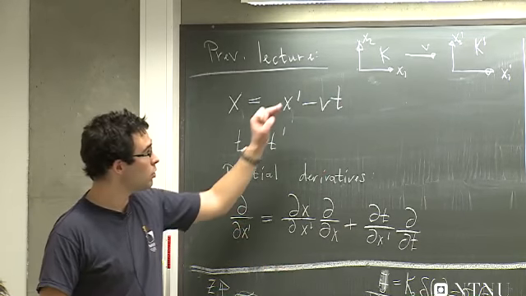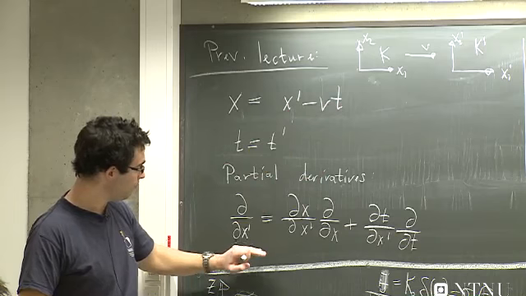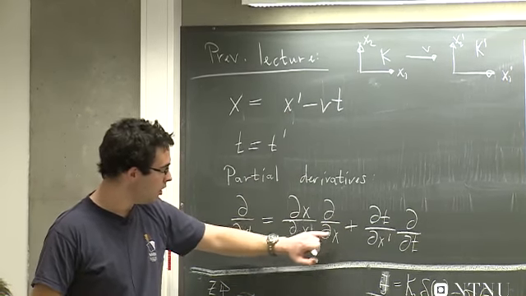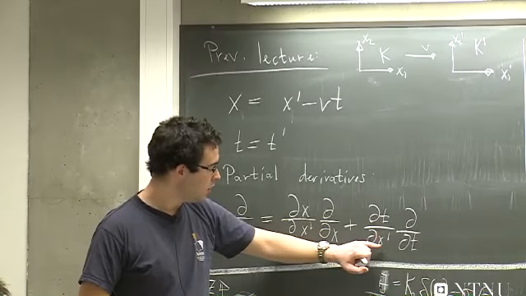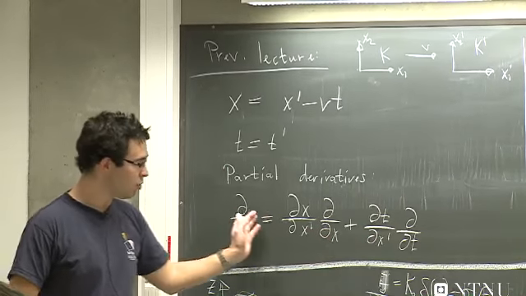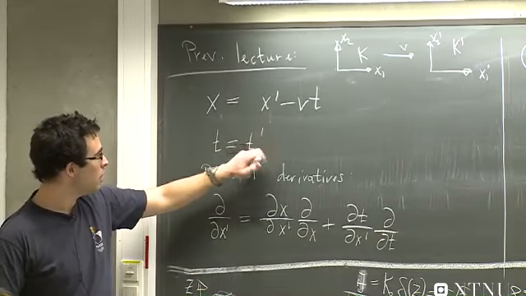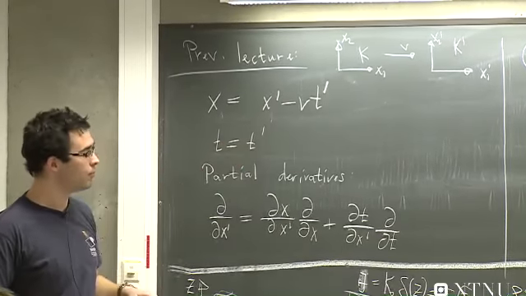It doesn't matter which one, just the one that the velocity is pointing along. Well, now you can write this as dx/dx prime d/dx plus dt/dx prime d/dt. Now we differentiate through all the variables that we used in the transform, right? We have x primes and t primes on the right-hand side here.